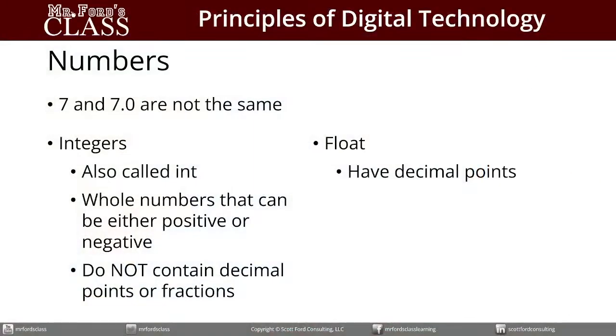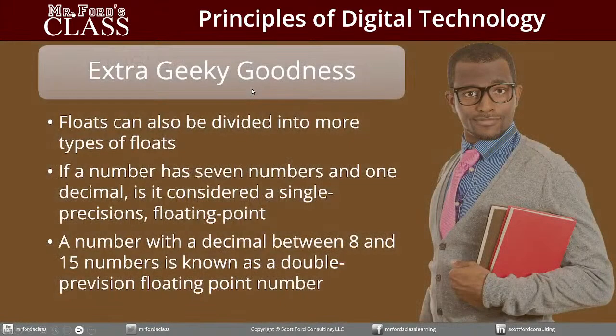So the number 7, without anything behind it, is an integer, while a float has a decimal point. So the floats have the point 0, 0.1, whatever. Floats can also be divided into more types of floats. We're not worried about those for this course, but just be aware, we're kind of scratching the surface. There's always more to what I'm telling you than what I'm telling you because of the nature of the introduction.